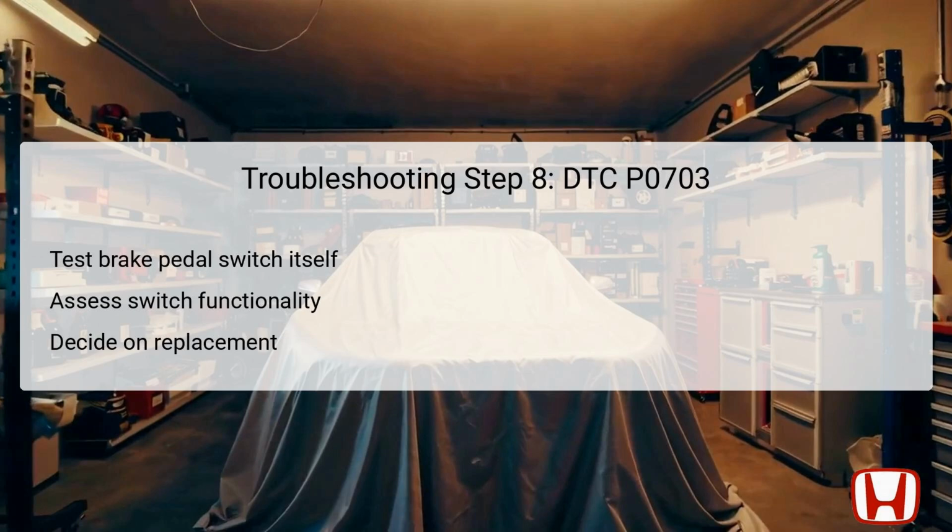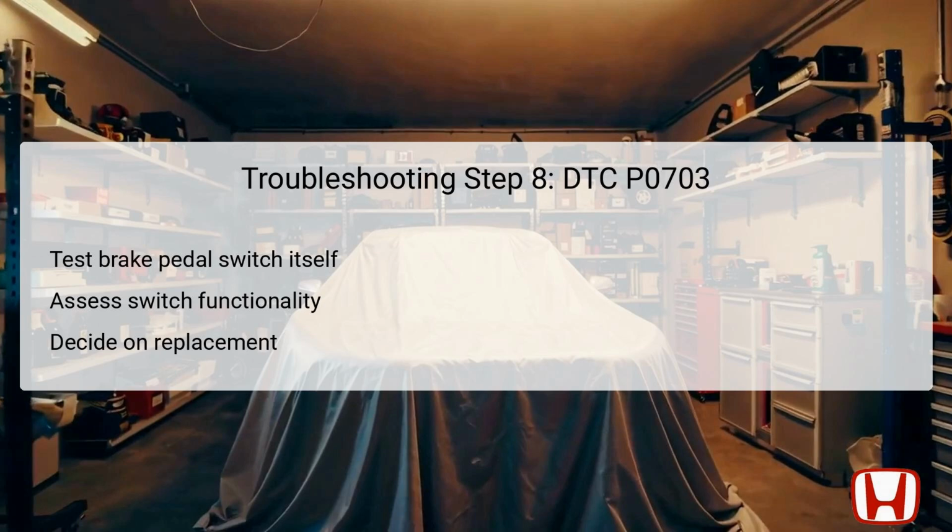In the final troubleshooting step, you will concentrate on evaluating the brake pedal position switch itself for functionality. A thorough test of the switch is necessary to confirm its operational status. If the switch is found to be fully functional, the troubleshooting focus should shift to potential shorts to power within the cancel SW wire connecting the PCM to the switch.